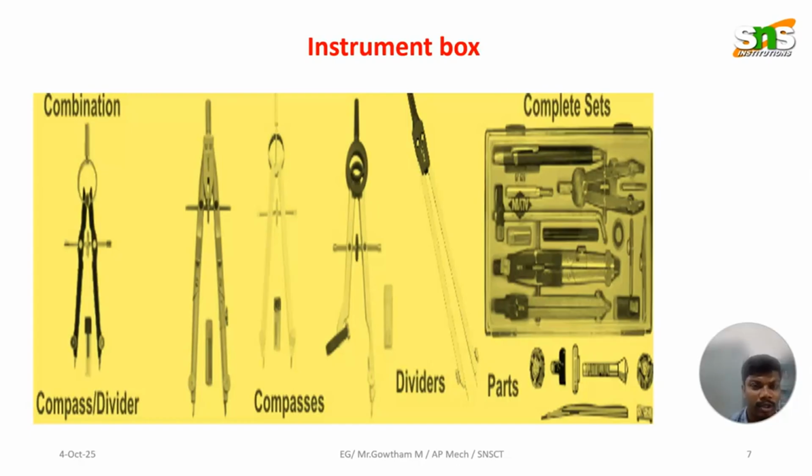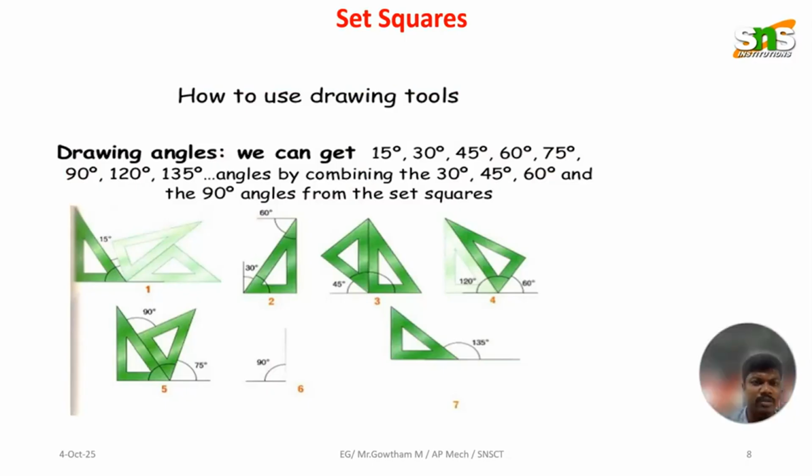Then this is an instrument box. As I mentioned earlier, we should draw using pencils and a combination of compass, protractors, dividers and parts of all components. And here is the set square. We already know about the set square, compass and protractor, etc. In drawing, we should make angles of 15 degrees, 30 degrees, 45 degrees, 60 degrees, etc. Whatever it may be, we should protract them and use the set square at the appropriate angle.